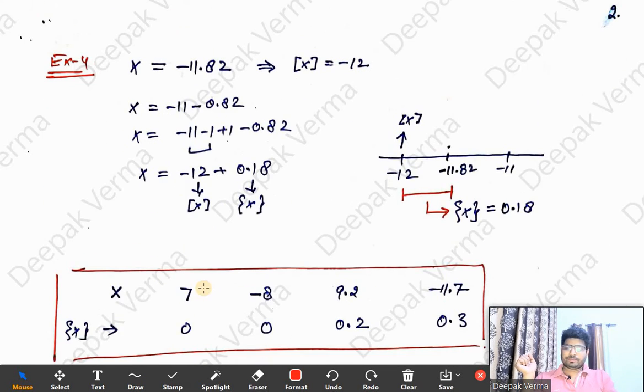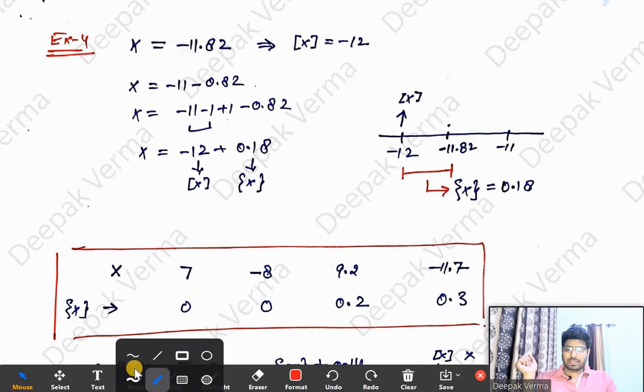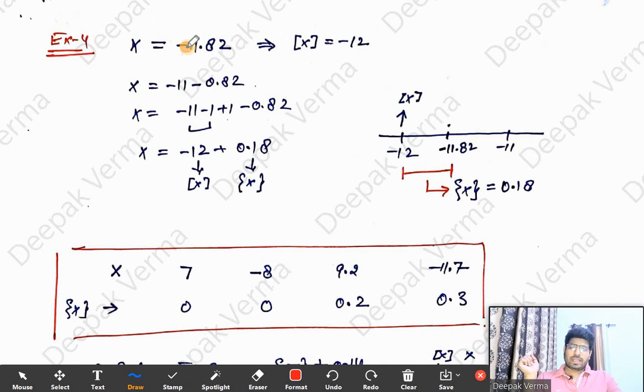Let's move ahead. Now if we have x equals minus 11.82, then floor of x will be of course minus 12, no doubt in this. What will be the fractional part? So in this case, minus 11.82 means minus 11 minus 0.82.